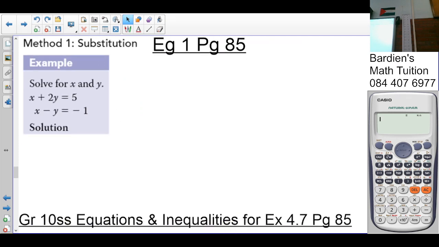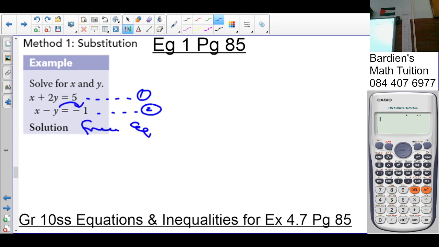Alright. So here we go. So what do we do first? Label equation 1, equation 2. What do we do then? Make x or y the subject of formula. Let's go with equation 2. So you say from equation 2, what do we have?